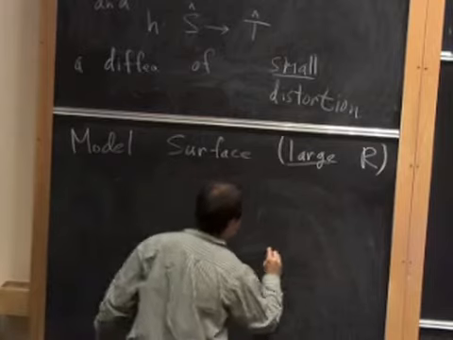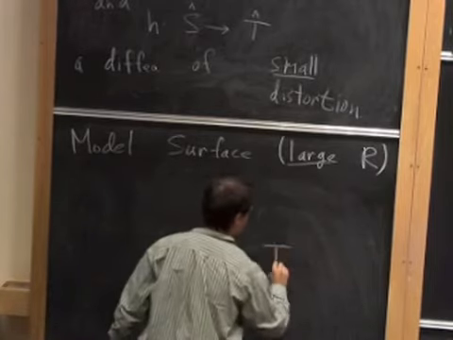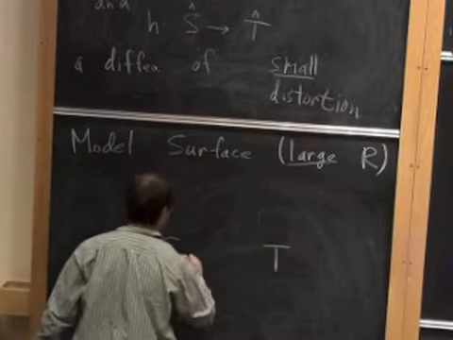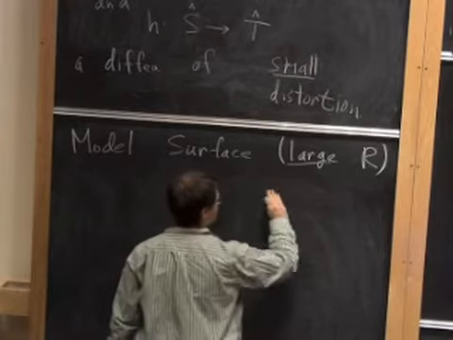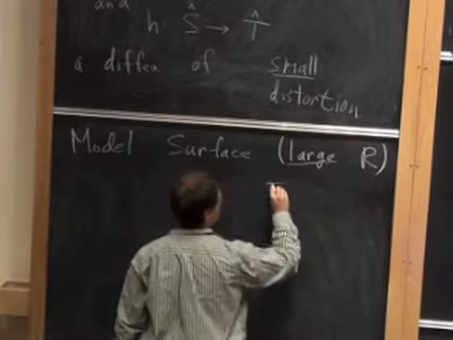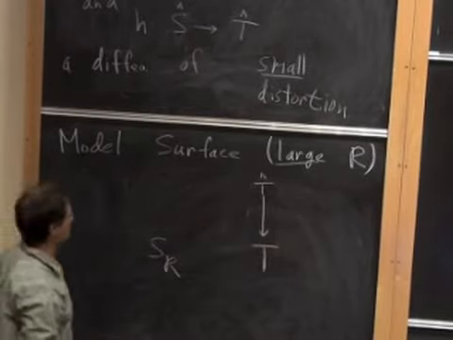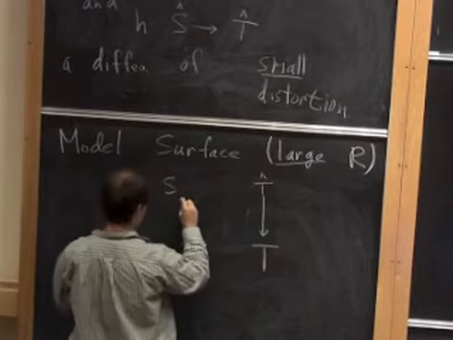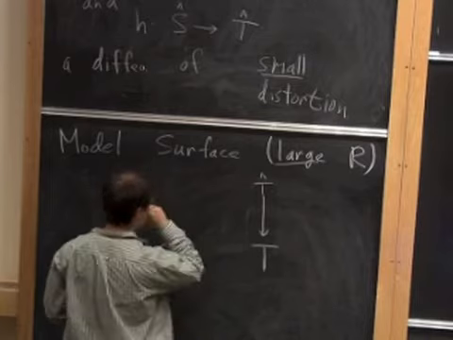So the idea is, given one Riemann surface T, there's going to be a finite cover T hat of T. And maybe I'll put the model surface up.